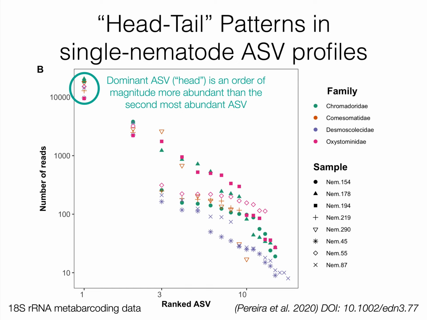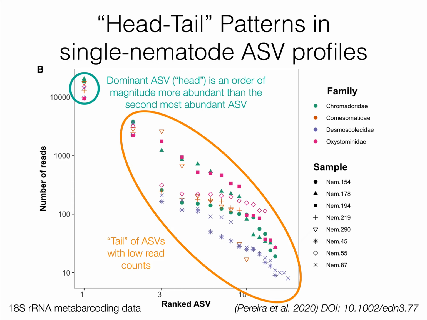And this dominant ASV tends to correlate with the Sanger barcode. So if we were to do old school PCR and Sanger sequencing, that ASV will correspond to the full-length 18S barcode for that species. But in addition to that dominant MOTU, we also see this tail of ASVs with low read counts. And this doesn't entirely go away when we shift to ASV pipelines. It becomes a shorter tail, but the tail is still there.